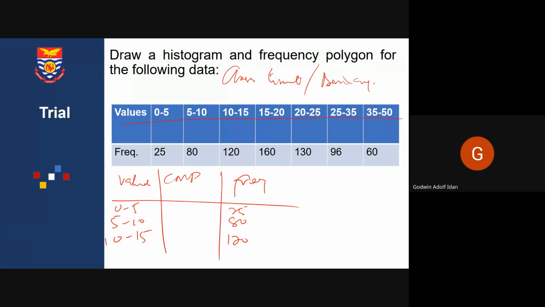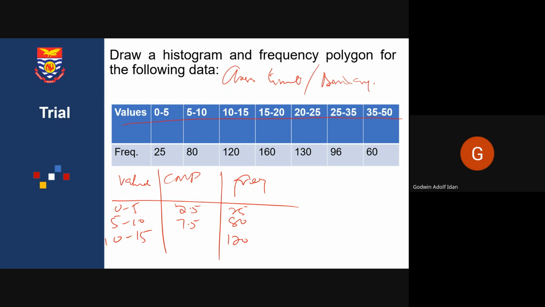And so 0 plus 5 will still give us 5, divided by 2 is going to give us 2.5. And when we add 5 to 10, that is 15 divided by 2, 7.5. And that is how you get your class midpoint.